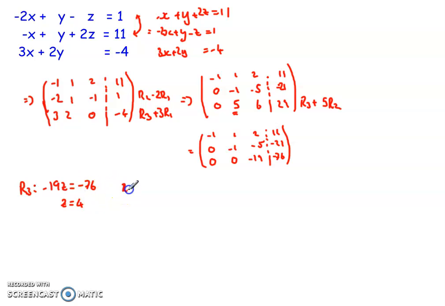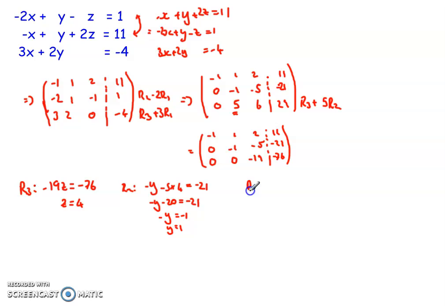Second row, row 2, what that tells me is -y, take away 5 times z, so 5 times 4, is equal to -21. So -y minus 20 is equal to -21. So if I add this on, what I'll end up getting is -y is -1. So y is equal to 1.